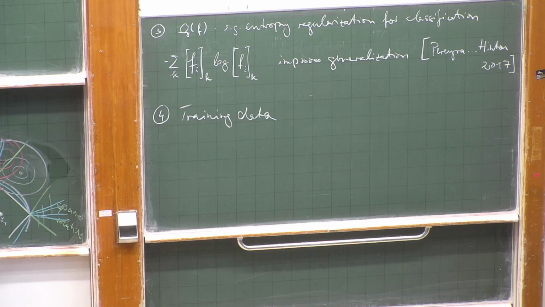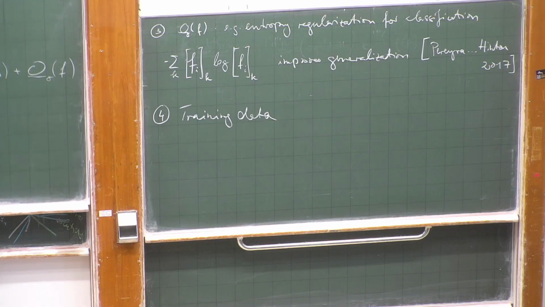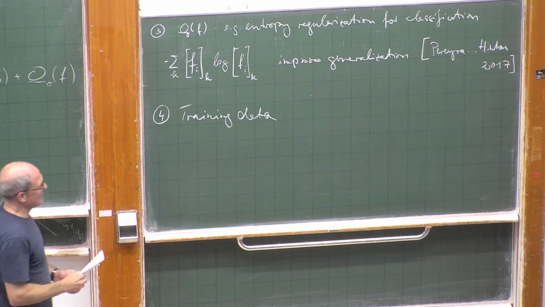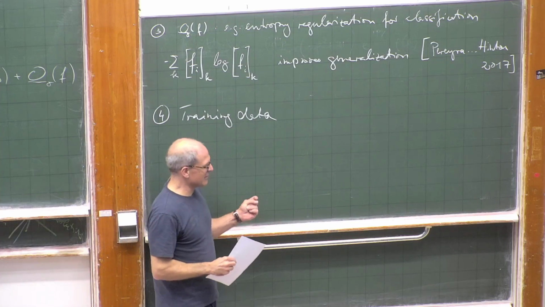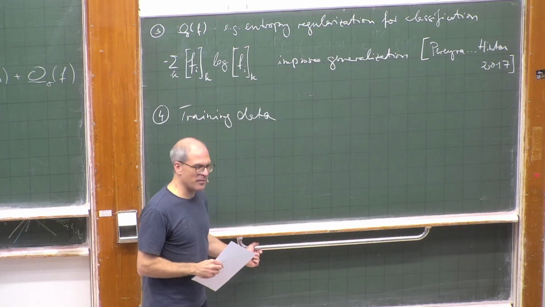Now, obviously, you need training data that well represents what you're going to see later in life at test time. And usually, you would like to have more training data than you do. And in such situations, Münchhausen style, you try and pull yourself out of the mud.